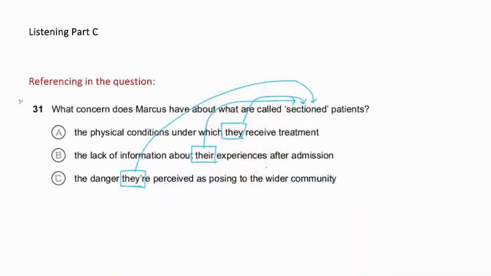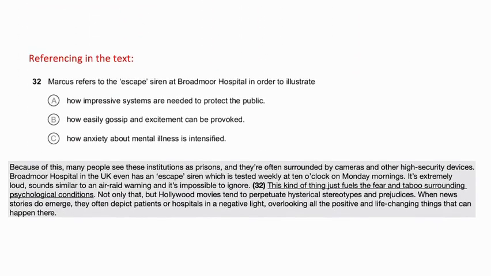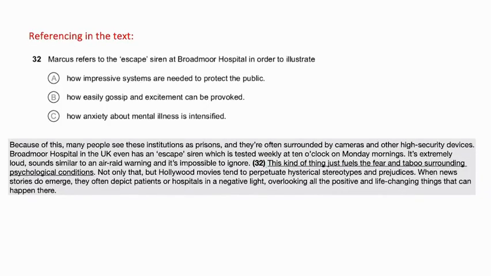Okay? So what else does it do? Well, here's an example of where it gives us an answer. Okay? So, look at the question. Marcus refers to the escape siren at Broadmoor Hospital in order to illustrate: how impressive systems are needed to protect the public, how easily gossip and excitement can be provoked, or how anxiety about mental illness is intensified.